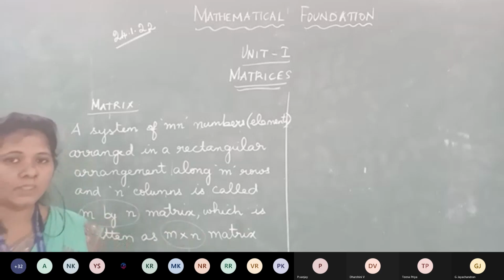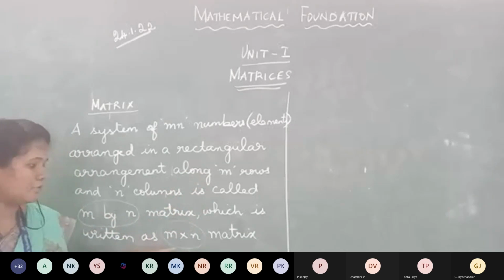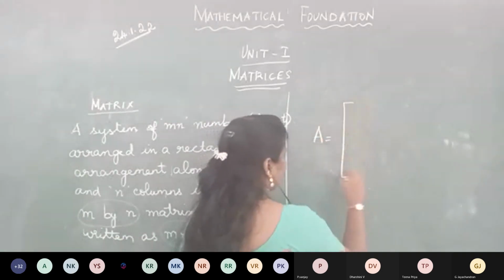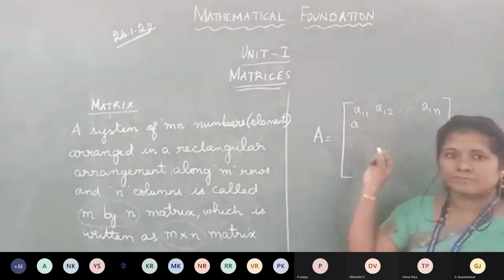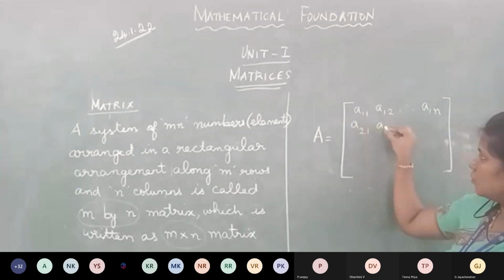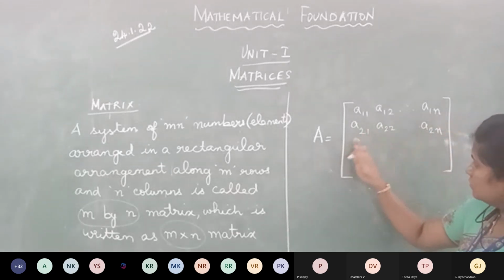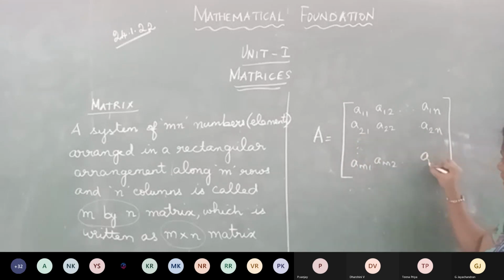So matrix is nothing but an arrangement of rows and columns. We denote the order to be m cross n matrix. You can write an example for this. A is equal to A11, A12 up to A1N, and similarly A21, A22 up to A2N, and so on up to AM1, AM2, up to AMN.